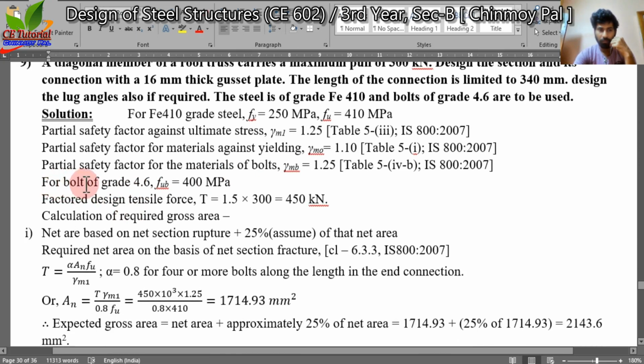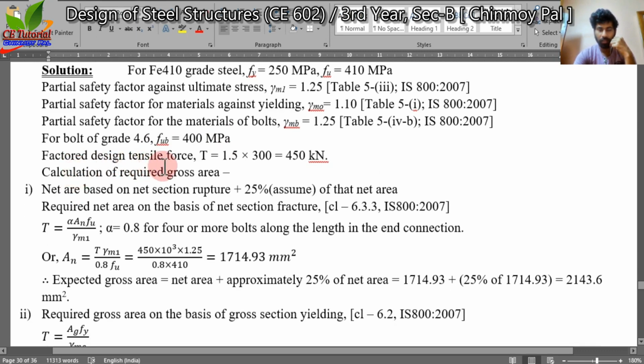Now for bolt of grade 4.6, ultimate stress of the bolt is 4 into 100, that is 400 MPa, and factored design tensile force is 1.5 multiplied by 300 is equal to 450 kN.